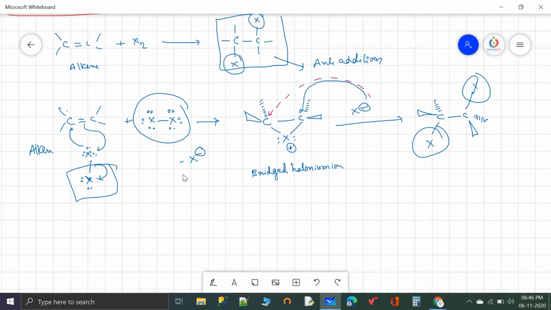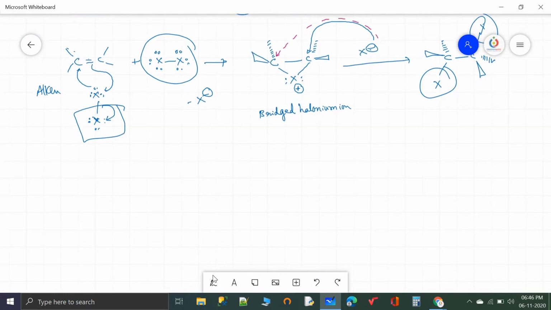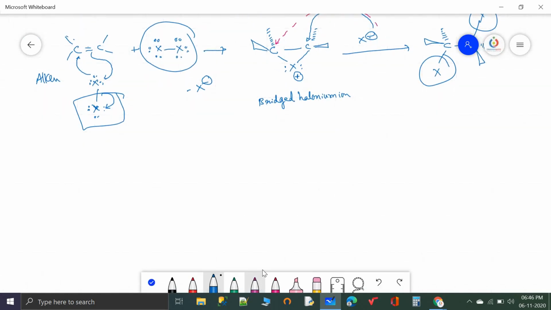Here I would like to discuss one important thing. Please note this down. If the alkene is a cis alkene and you add the halogen, halogenation always takes place from the opposite side, so I'll write down anti addition.